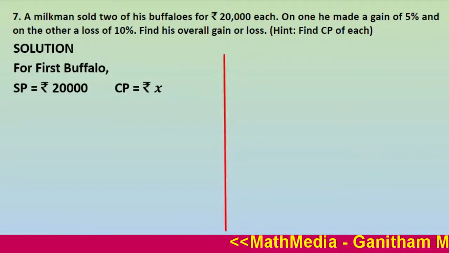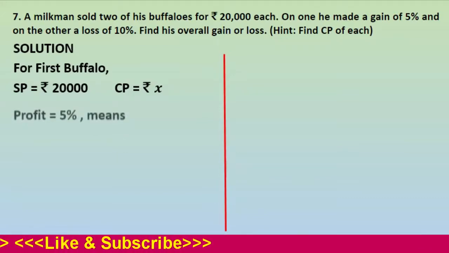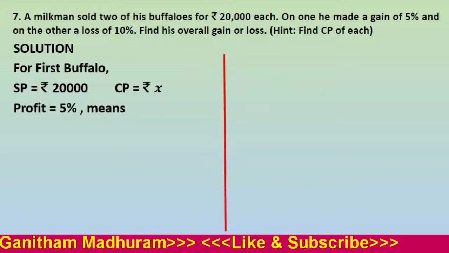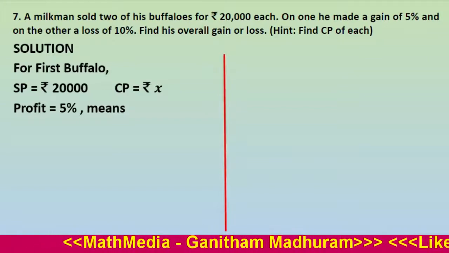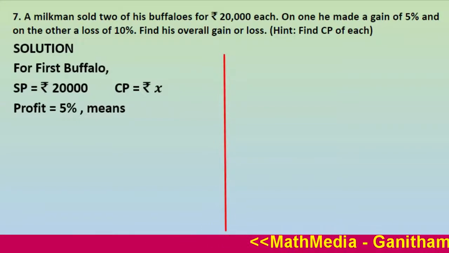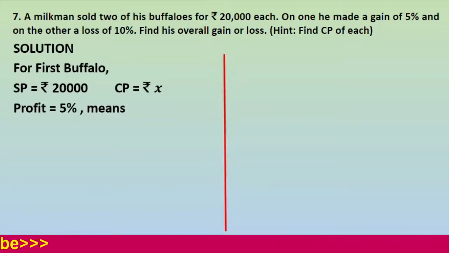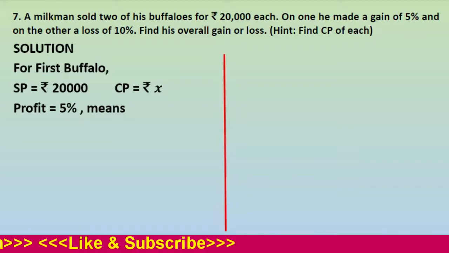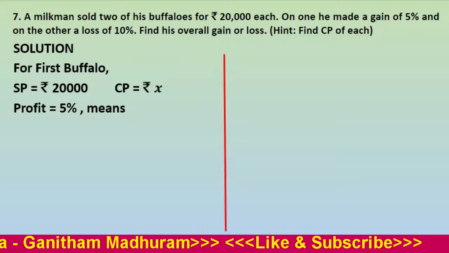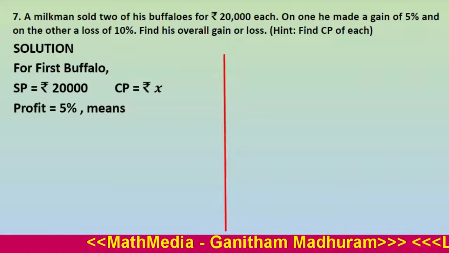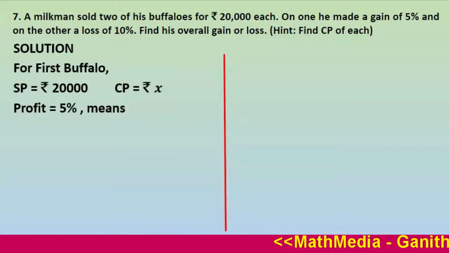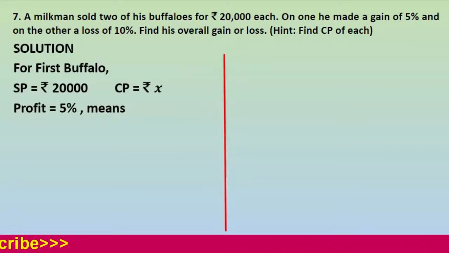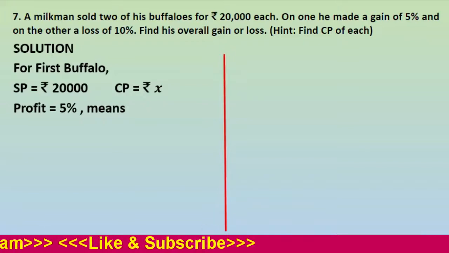Next, it is given, on selling the first buffalo he made 5% profit. Profit 5% means for a CP of 100 rupees, we made a profit of 5 rupees. Then our SP will become 105. Is it clear?